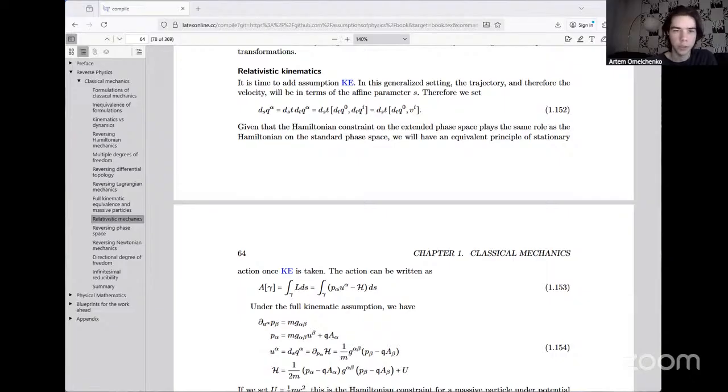Therefore, we set the derivative of q alpha with respect to s equal to the derivative of q alpha with respect to time multiplied by the derivative of time with respect to the affine parameter.